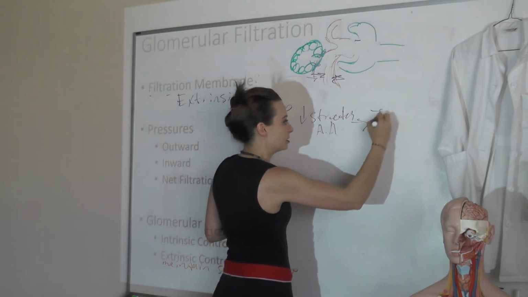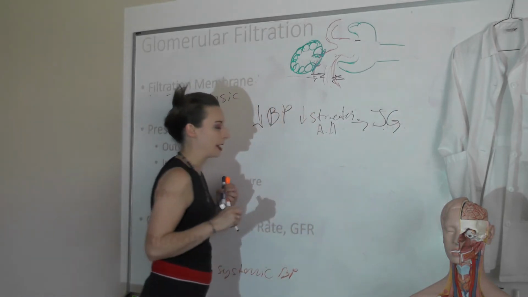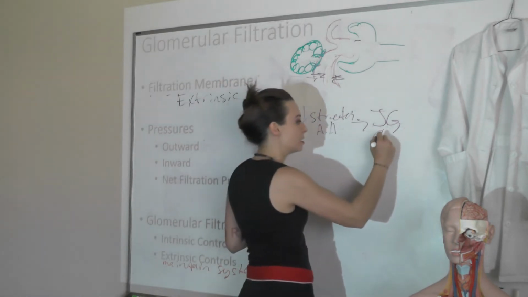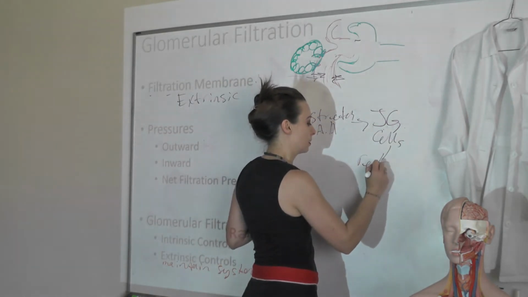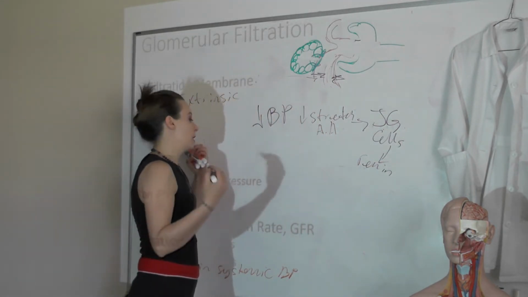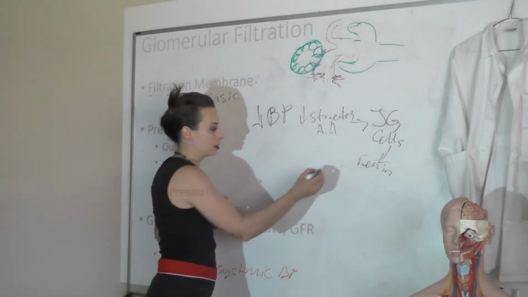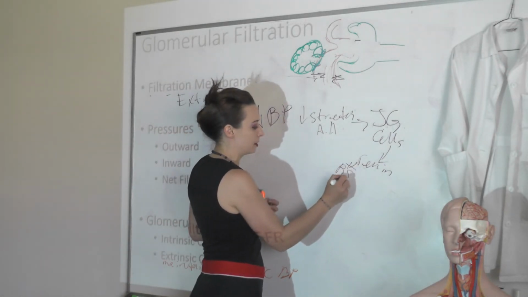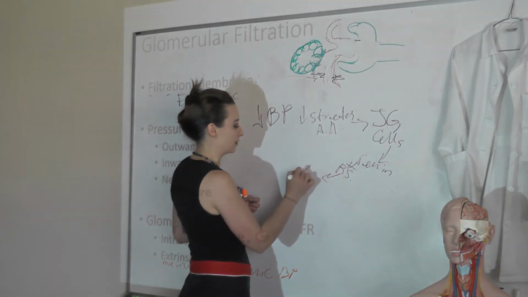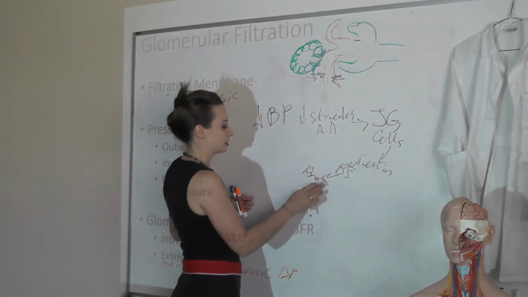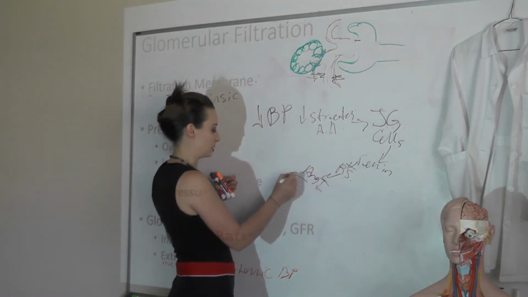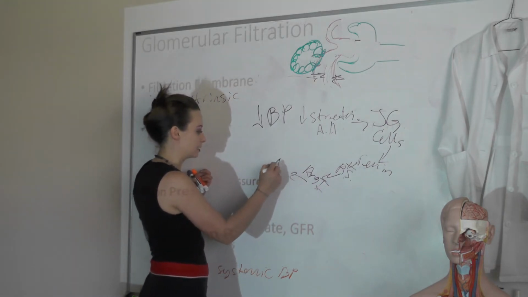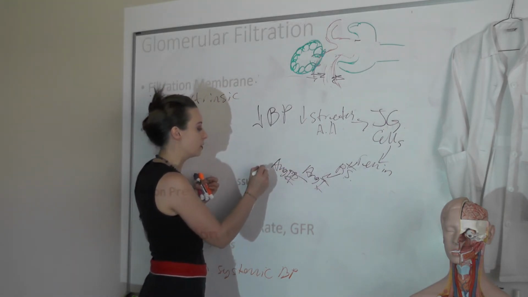This is detected by my juxtaglomerular cells or my granular cells, my JG cells, and they're going to release renin. Renin's going to combine with renin substrate coming from the liver. That's the angiotensinogen. That's going to give us angiotensin 1. That's going to go back to my heart, get pumped to the lungs where the angiotensin converting enzyme is and get converted to angiotensin 2.